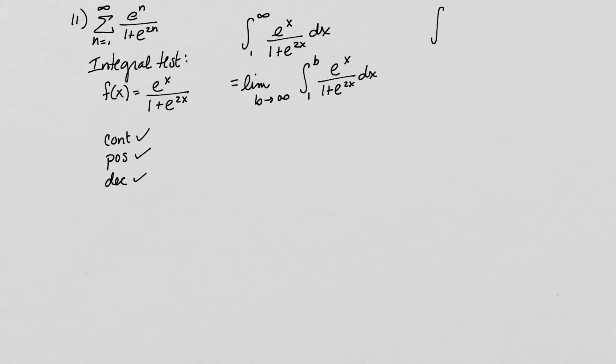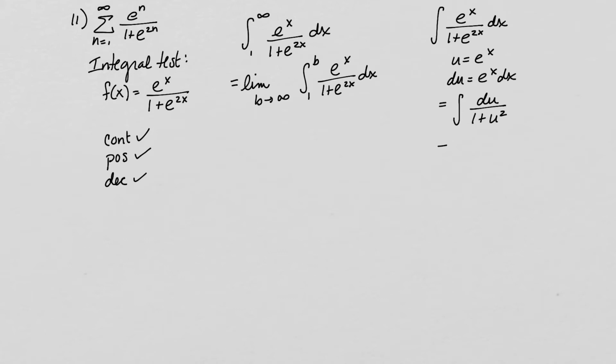And if I look at that integral, e to the x over 1 plus e to the 2x dx, if we let u be e to the x, then du is going to be e to the x dx. And so this integral is going to become du on the top, and on the bottom I'm going to have 1 plus u squared.